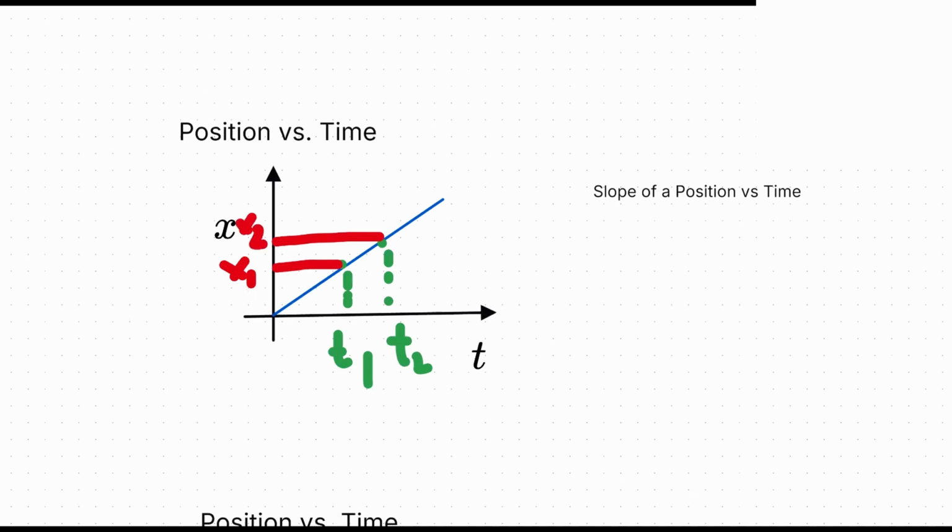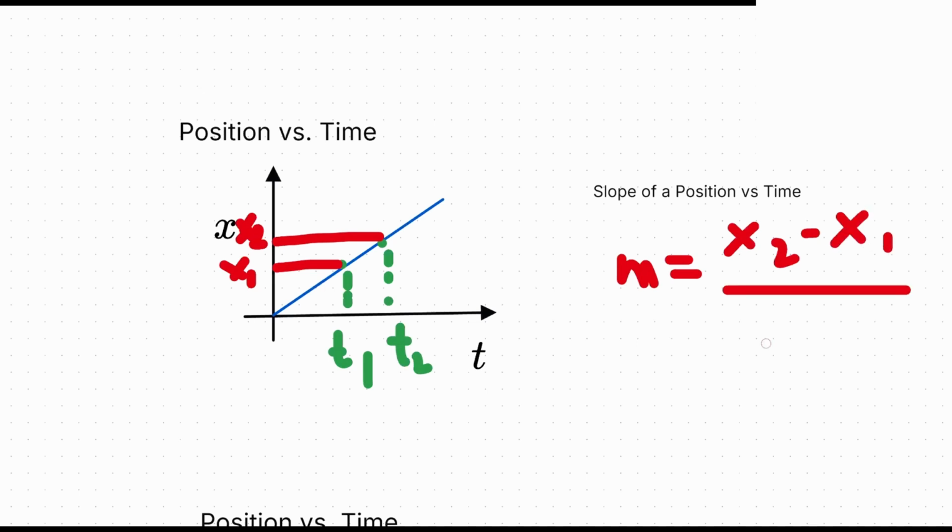To find the slope, you have to get the rise over run. Rise is X sub 2 minus X sub 1. Run is T sub 2 minus T sub 1. So the slope here is equal to the displacement, delta X, or the change in position, over the elapsed time.